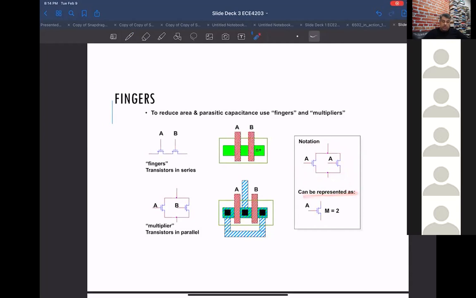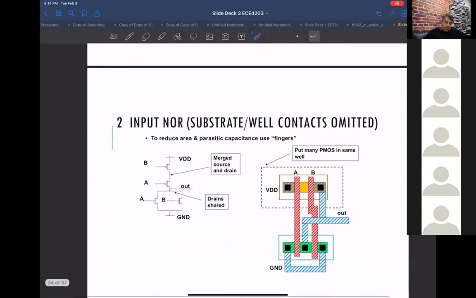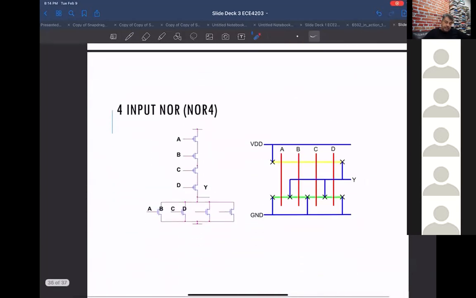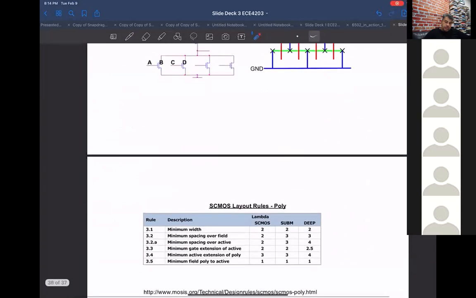You can basically use something called an M factor in SPICE and just draw it once and put an M of 2, M of 3, as if there are 3 of them, 4, and so on. And then stick diagrams and stuff I'm really not going to go into.